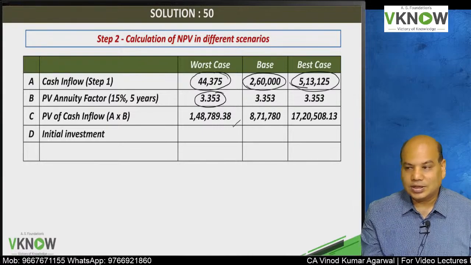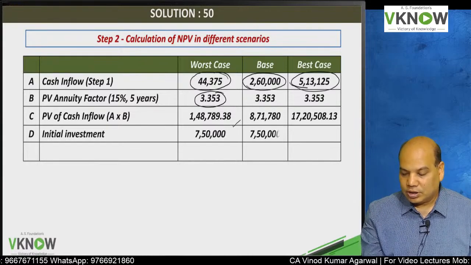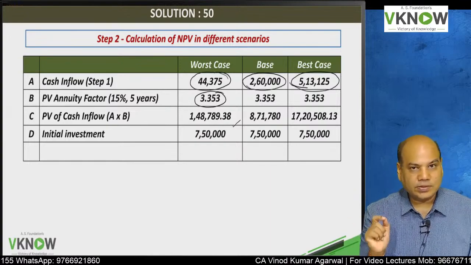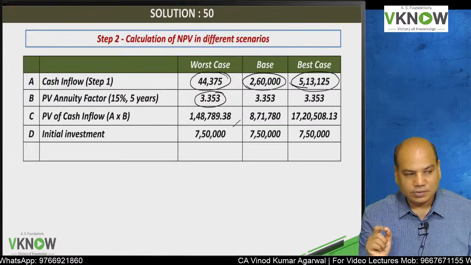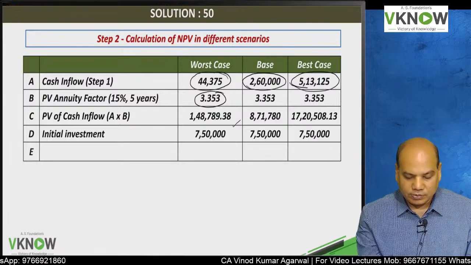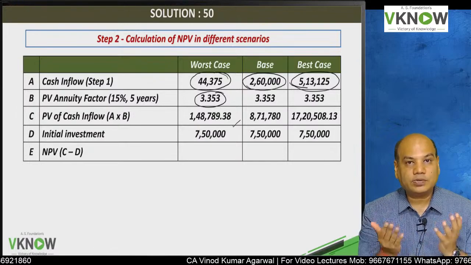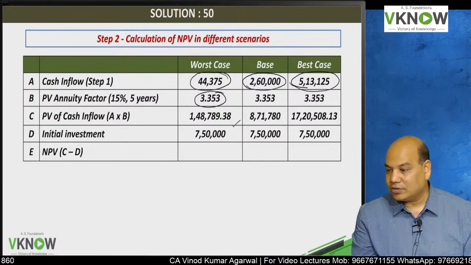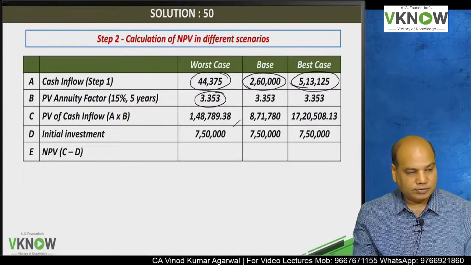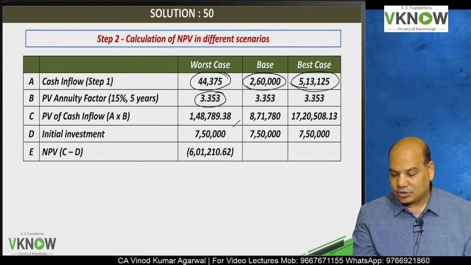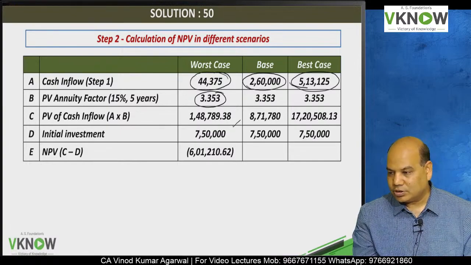Point number D, less initial investment. Under less initial investment, 7,50,000. Therefore NPV, C minus D. First one is negative, 6,01,210.62.